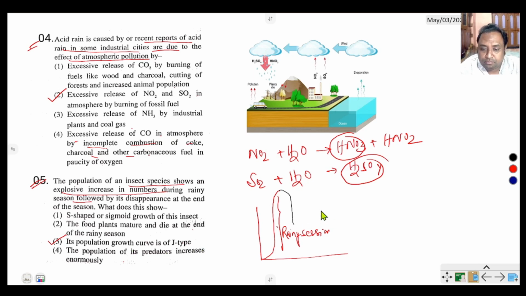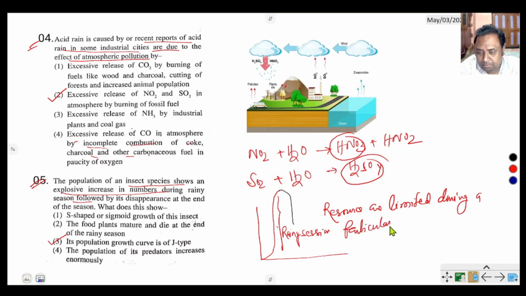Because resources are limited during a particular period of time. Clear? Next question.